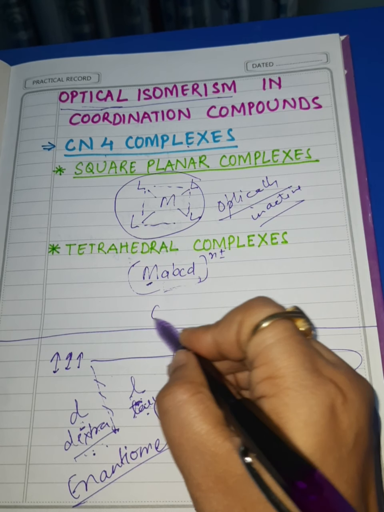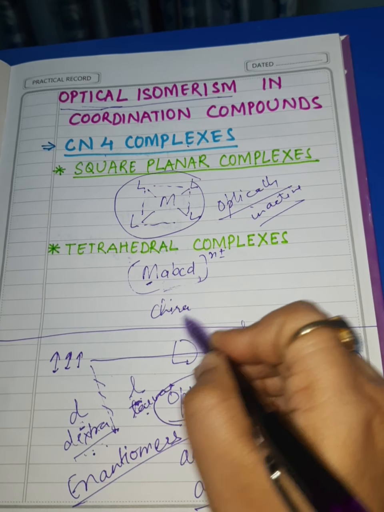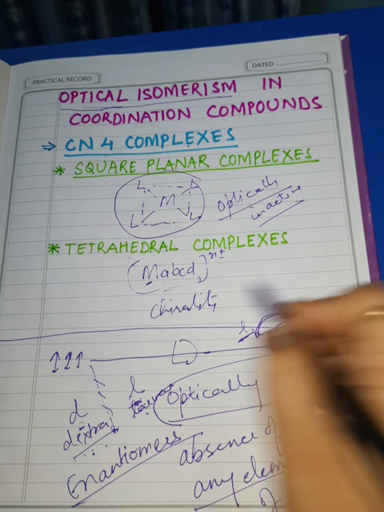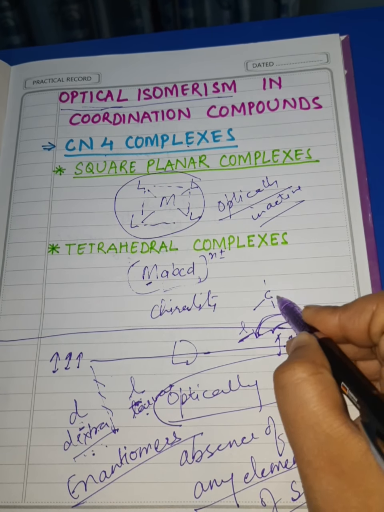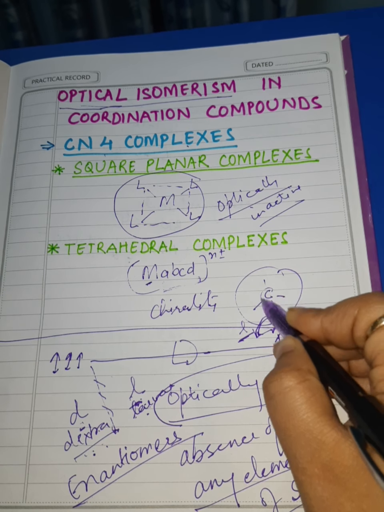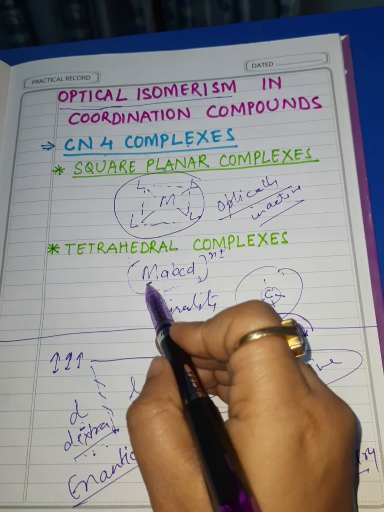What is the meaning of chirality? Like in organic compounds, when a carbon is attached to 4 different groups, this carbon is said to be a chiral carbon. The same thing applies here.